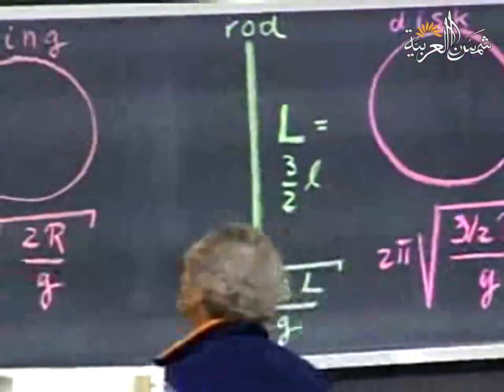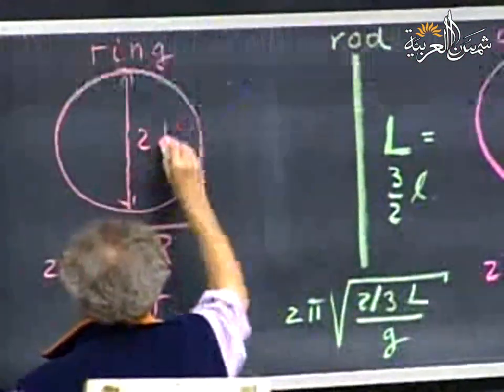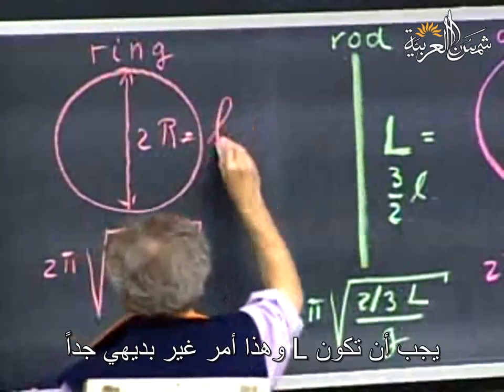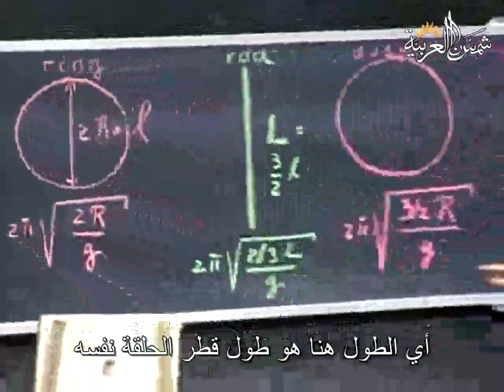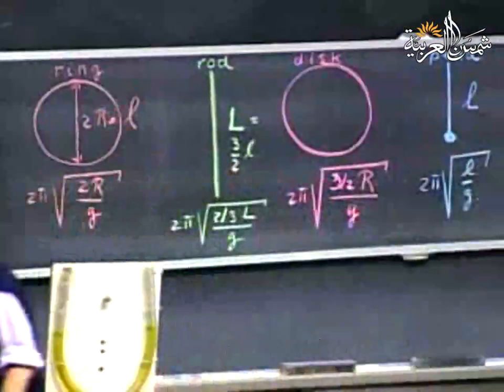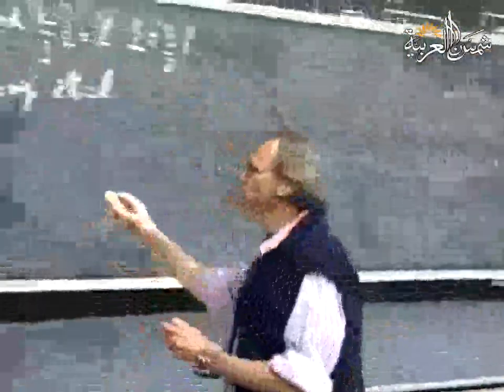And here, this now, which is 2r, has to be l. Very non-intuitive that this length here is the same as the diameter of the ring. Not at all obvious. And so now we go for the disk.